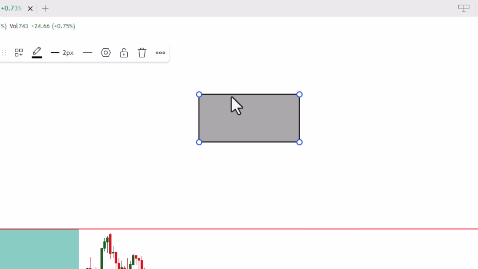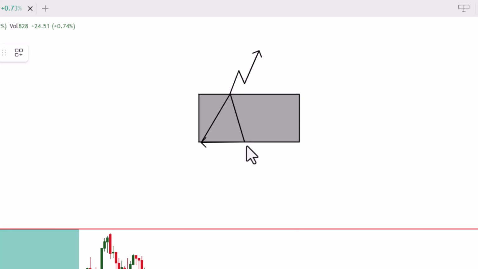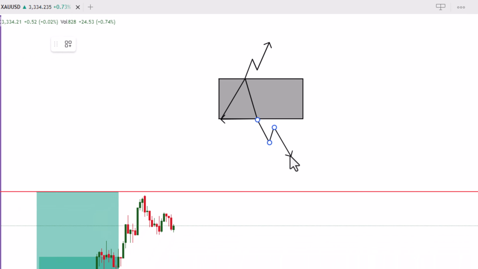So assuming this is the upper side and this is the lower side, and inside this range is when we are having our triangle trend. So this is our upper level, this is our upper high, and this is the lower low. So all you need to do is wait for price to break above this, and you enter based on the BOS. All you need to do again is wait for price to break below this, and you enter based on the BOS.